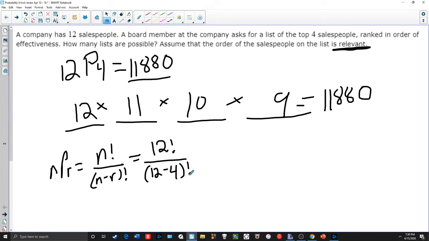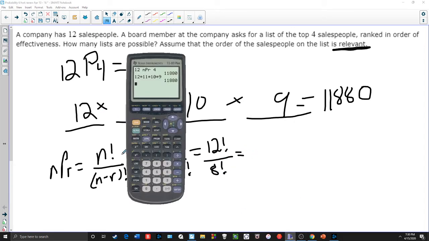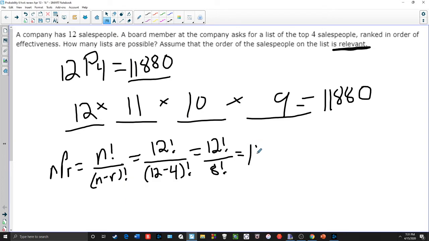So 12 minus 4 factorial, which is 12 factorial over 8 factorial. And so if we do some arithmetic here, make sure I put these in parentheses because I'm paranoid about parentheses. So if we do 12 factorial over 8 factorial, we should end up getting the exact same answer, 11,880. I'm on a roll. 11,880.